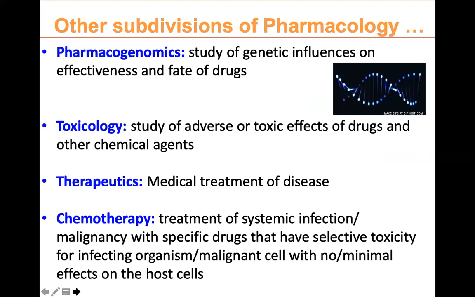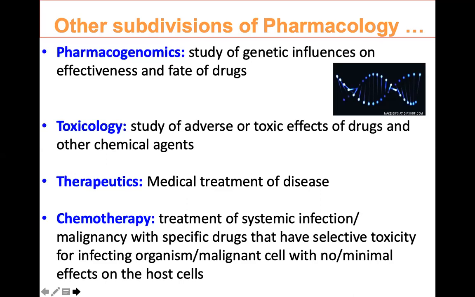What are the other subdivisions of pharmacology? First is pharmacogenomics. It deals with the study of genetic influences on the effectiveness and fate of drugs. Suppose two persons take the same drug. The effect may come early in one and later in the other, or no effect may come in the other person. Why are there these variations between two persons?